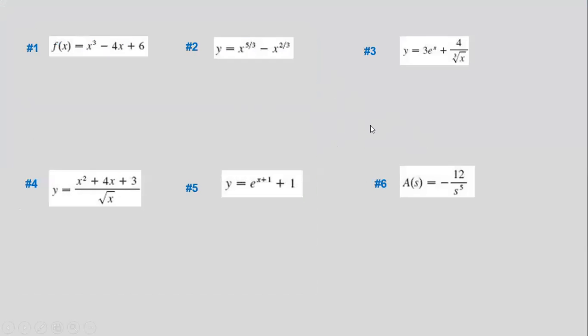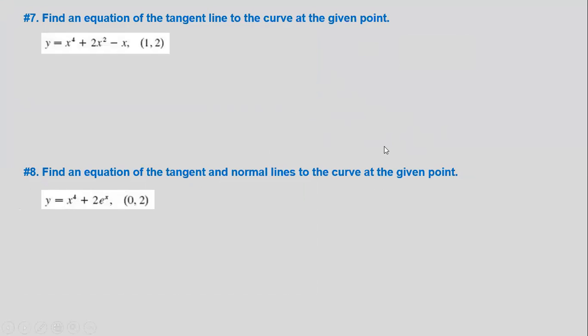Then in our practice sets, first we're going to have 6 very mechanical problems. We're just going to use those basic rules to find the derivative. Then we're going to look at how to find the tangent line and the normal line for a given function at a given point.